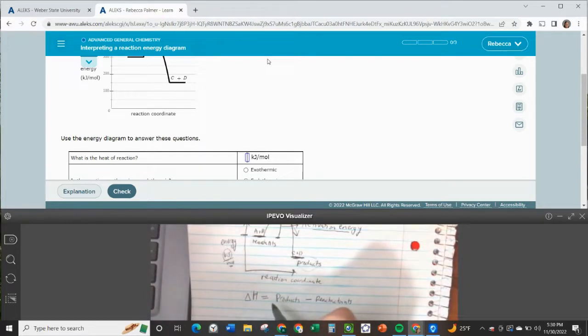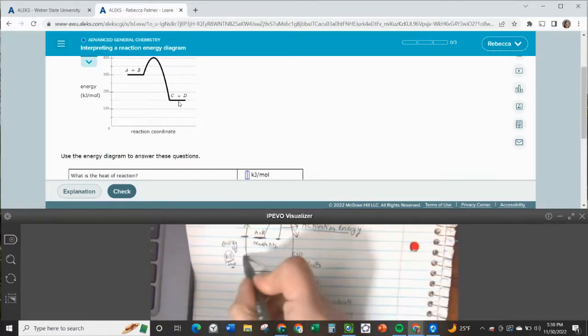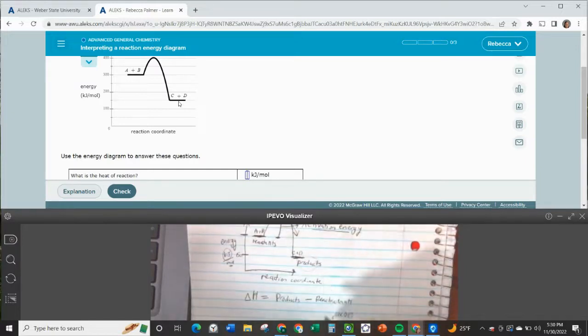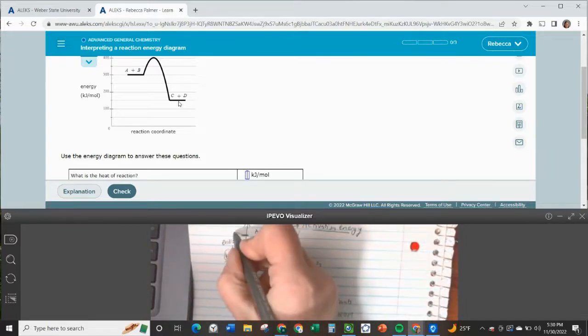So when I'm looking at the graph here, the energy of the products is 150, right here on our graph. The energy of the products is 150 kilojoules per mole. And then the reactants is way up here at 300.